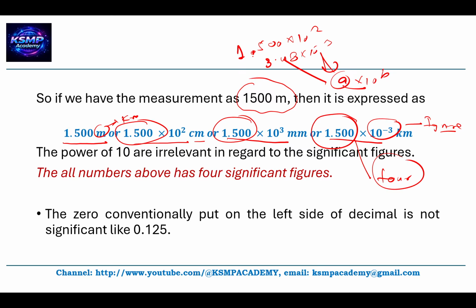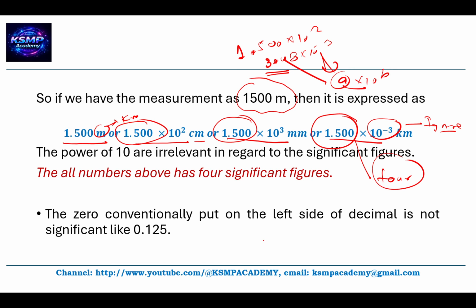That is, the decimal point should be after the first digit. Then we will be able to write the significant figures properly. That is the best way among all to identify the significant figures in a given expression.